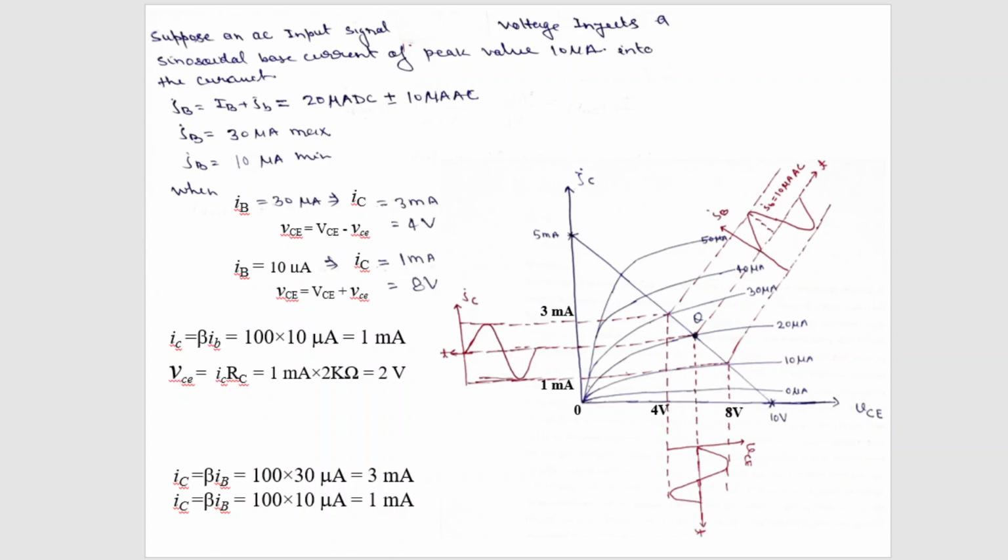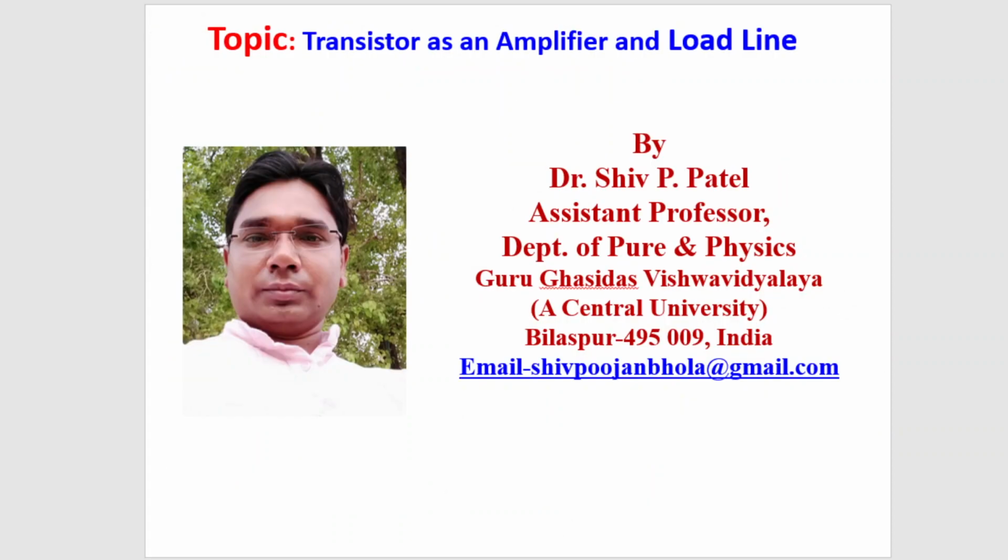And in the third numerical example, I have shown you how the AC load line and DC load line can be drawn on a transistor, how the action of amplification is done, and how one can find the amplified output voltage and amplified output current just by drawing the DC load line and AC load line and applying an input AC signal. This is what I wanted to explain to you in this lecture.